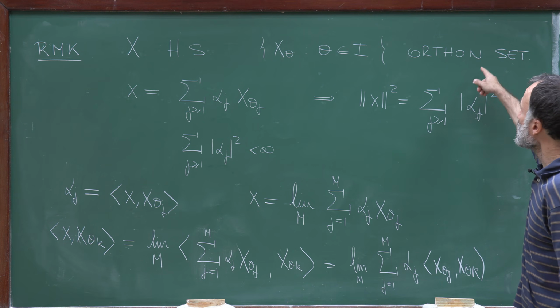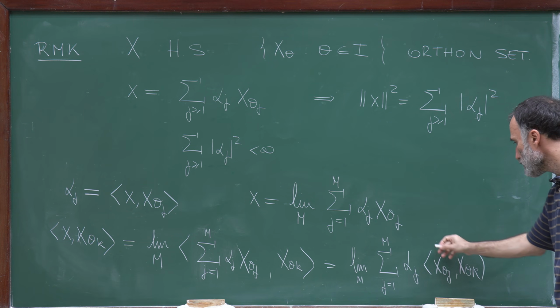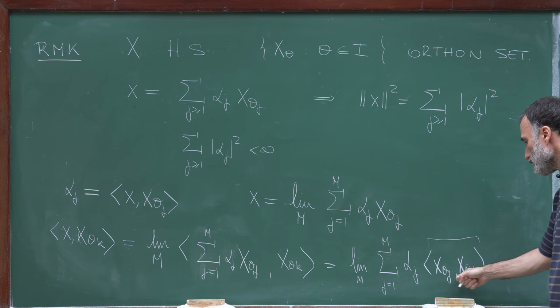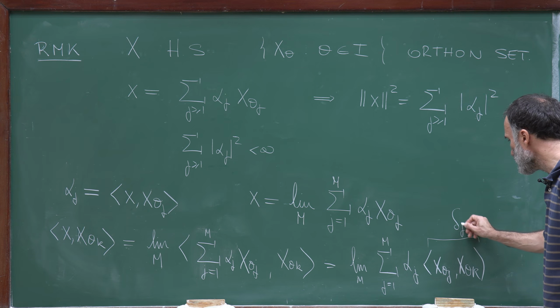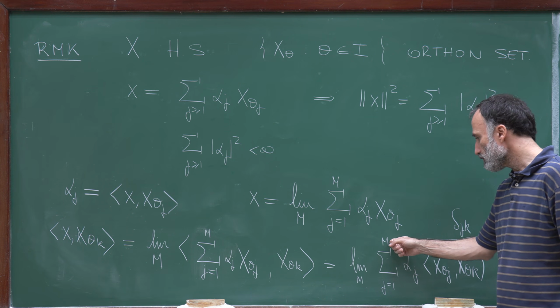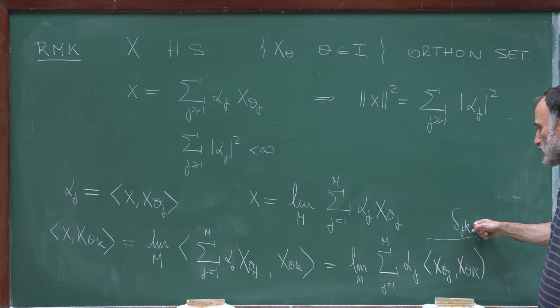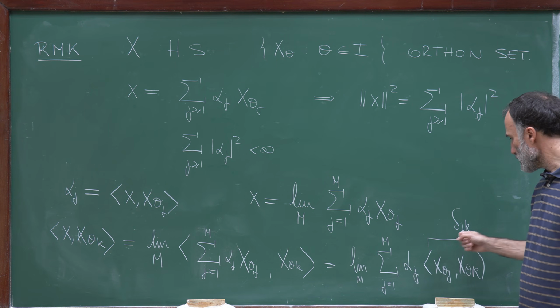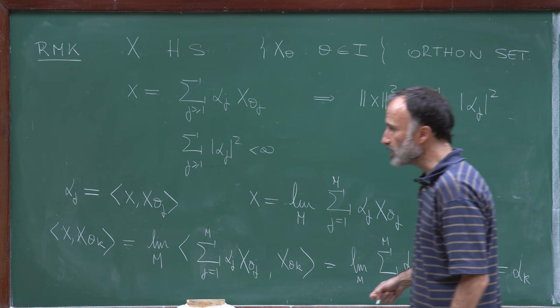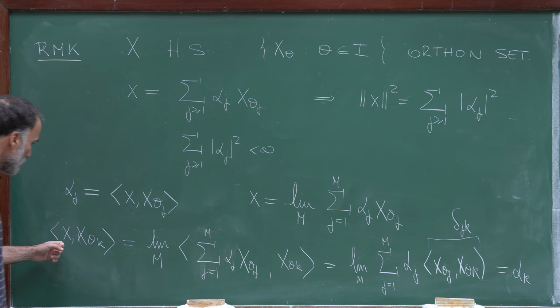But the x theta j and x theta k are orthonormal, so this is equal to either 0 if j is different from k or 1 if j is equal to k. So let me represent that by delta jk, which is either 1 if j is equal to k or 0 if j is different from k. So for all M larger than k, this sum is actually equal to alpha k. So this limit is alpha k, and from that we get that alpha k is indeed the scalar product of x with x theta k.